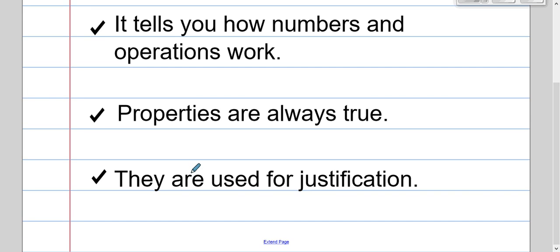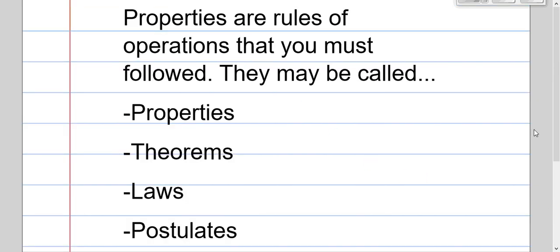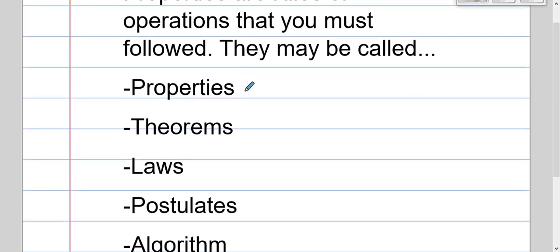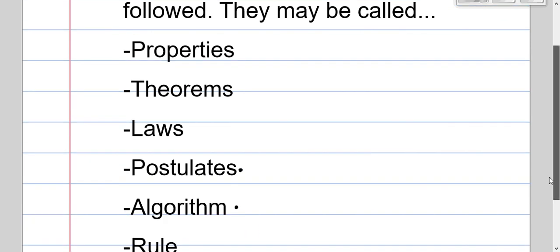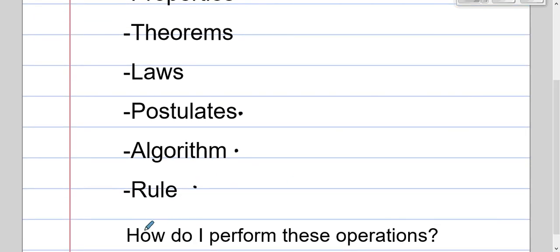So if somebody says, well, why did you do it this way? You can use one of the properties to justify it. Some other names for properties in math would be theorems, laws, postulates, algorithms, a rule. They tell us again how we perform operations.